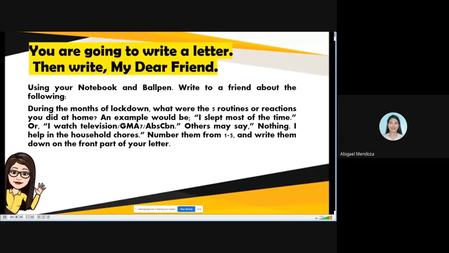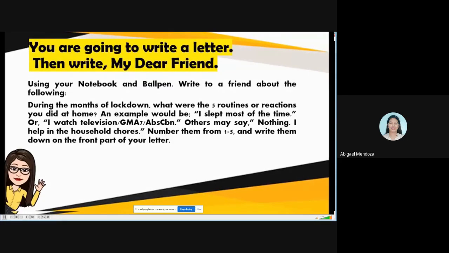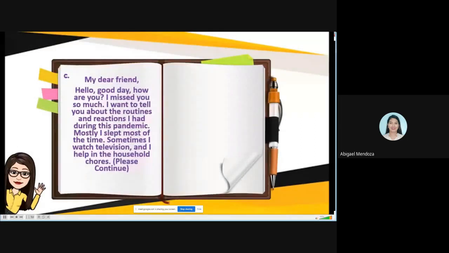An example would be, I slept most of the time, or I watched television, GMA or ABS-CBN. Others may say, nothing, I help in the household chores. Number them from 1 to 5 and write them down on the front part of your letter. Here is an example.